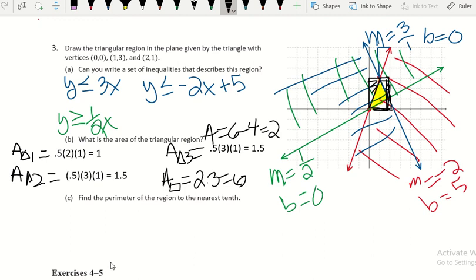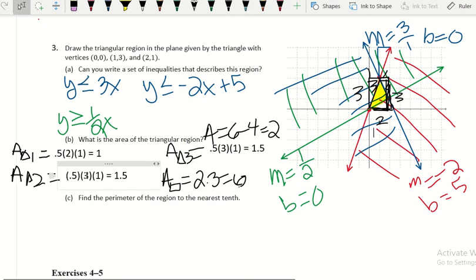Okay, perimeter is a little bit tougher. That's going to be essentially just solving for the length of each line. Now, keep in mind that we've already drawn these rectangles, which have lengths of 3 and 1. This has a length of 1 and 3, and then this is 1 and 2. Let's walk back here real quick because there's an error in the last question.